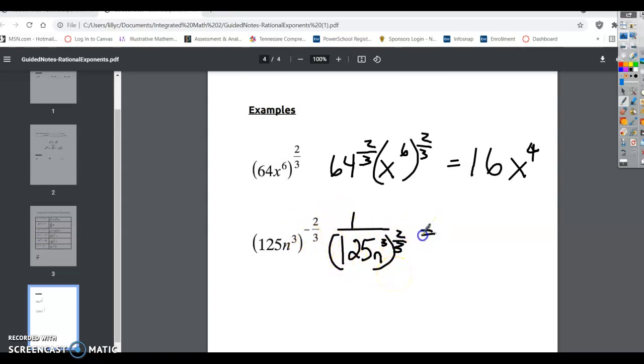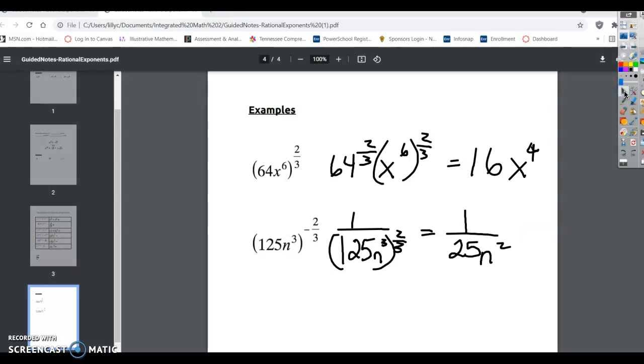Now I'm going to have 1 over, and let's see, 125 raised to the 2/3 power is 25. And then 3 times 2 is 6. 6 divided by 3 is n squared. So 1 over 25 n squared is the answer to the last one.